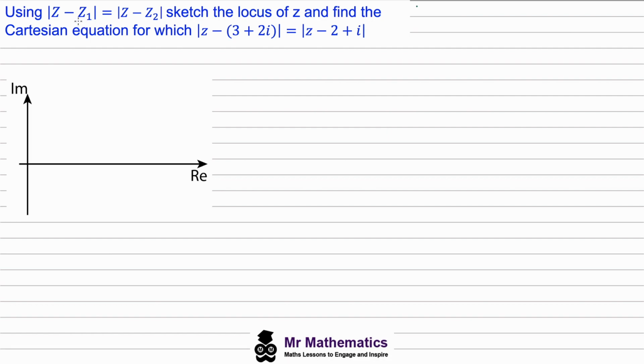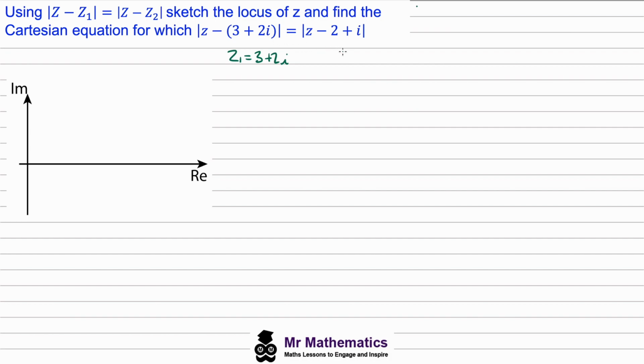Okay, so we're going to use this property to sketch the locus of Z and find the Cartesian equation for which this statement is true. So we need to start by identifying Z1 and Z2. Well, Z1, we can see, is Z minus Z1, so Z minus Z1 becomes 3 plus 2i.